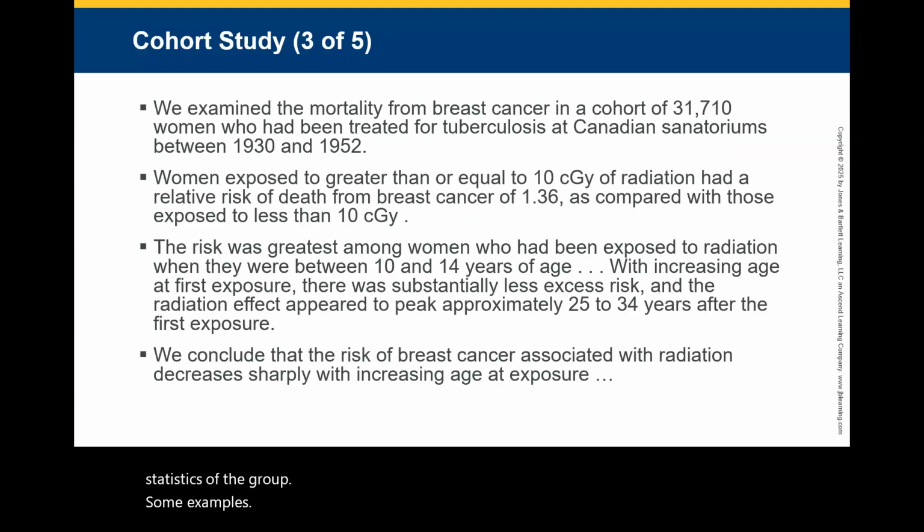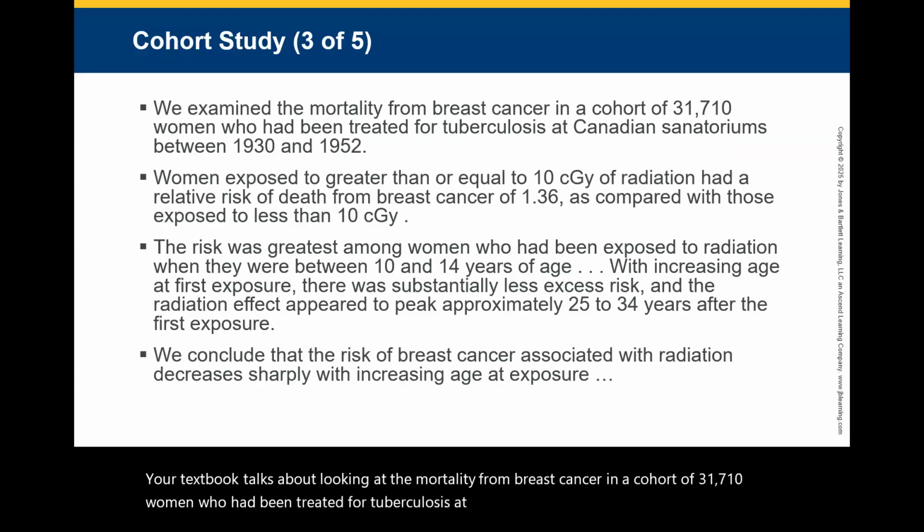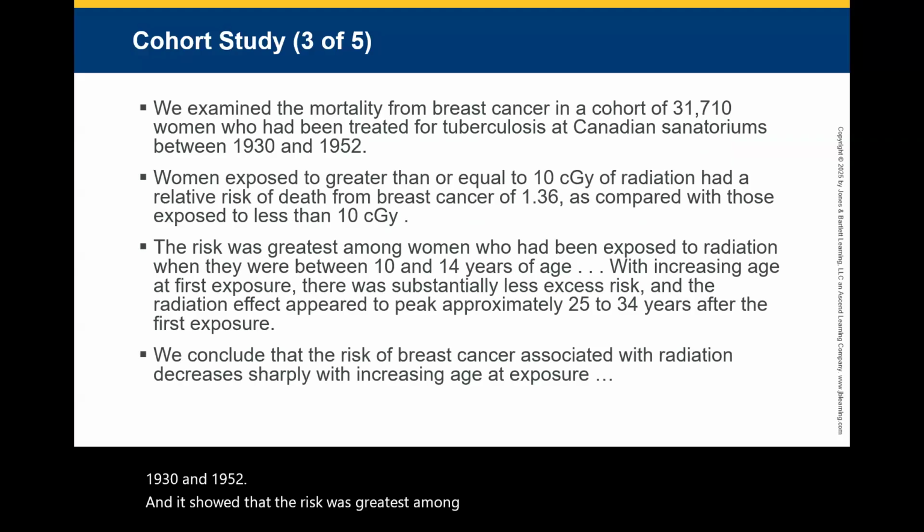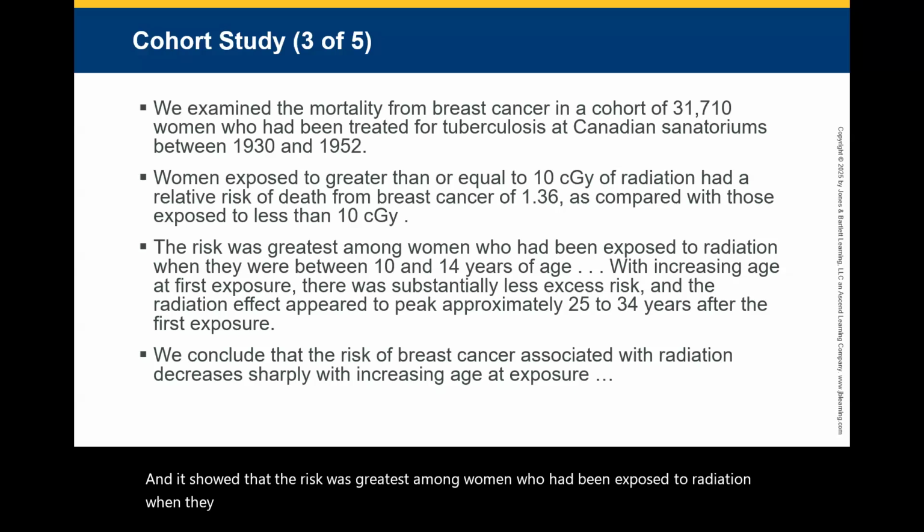Your textbook talks about looking at the mortality from breast cancer in a cohort of 31,710 women who had been treated for tuberculosis at the Canadian sanatoriums between 1930 and 1952. And it showed that the risk was greatest among women who had been exposed to radiation when they were between 10 and 14 years of age.